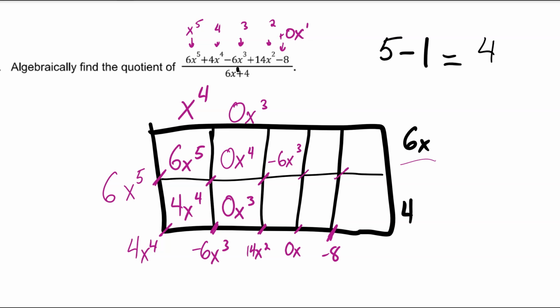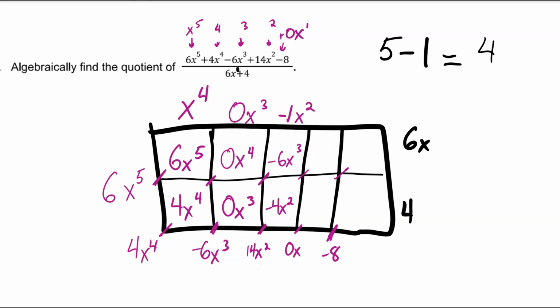What would I multiply 6x by to get negative 6x cubed? Well, I would need a negative 1 for sure, and an x squared to multiply to the x. Negative 1x squared times 4 would just be negative 4x squared. I probably could have made these boxes a little bigger. And this diagonal here would have to add up to positive 14.